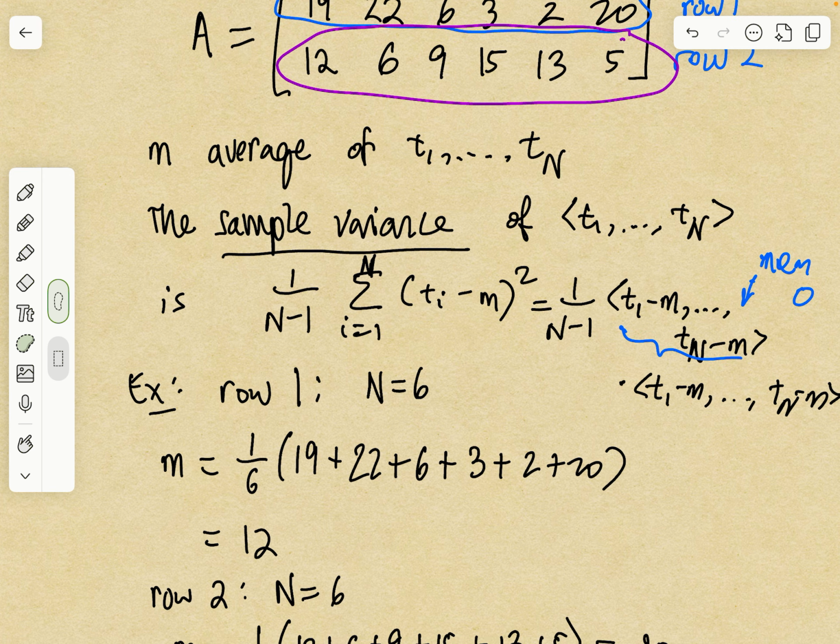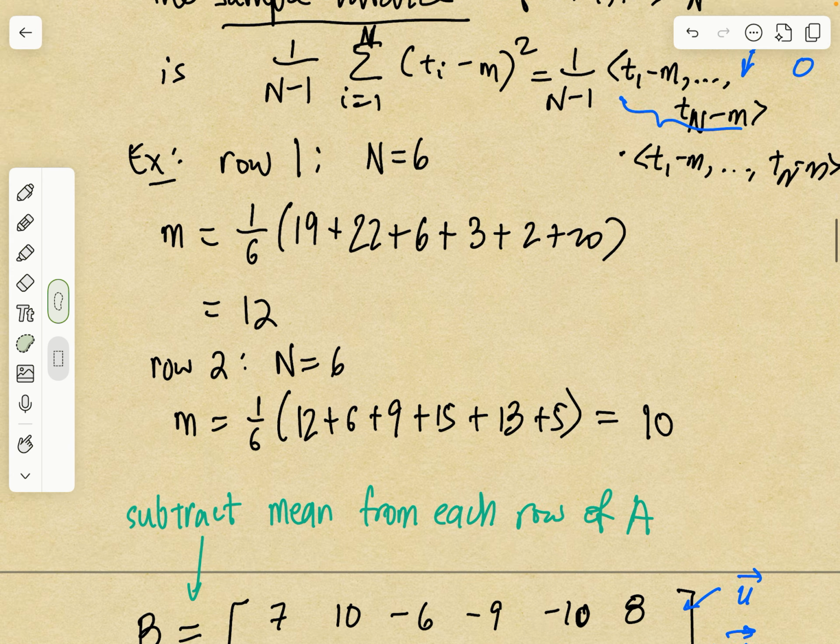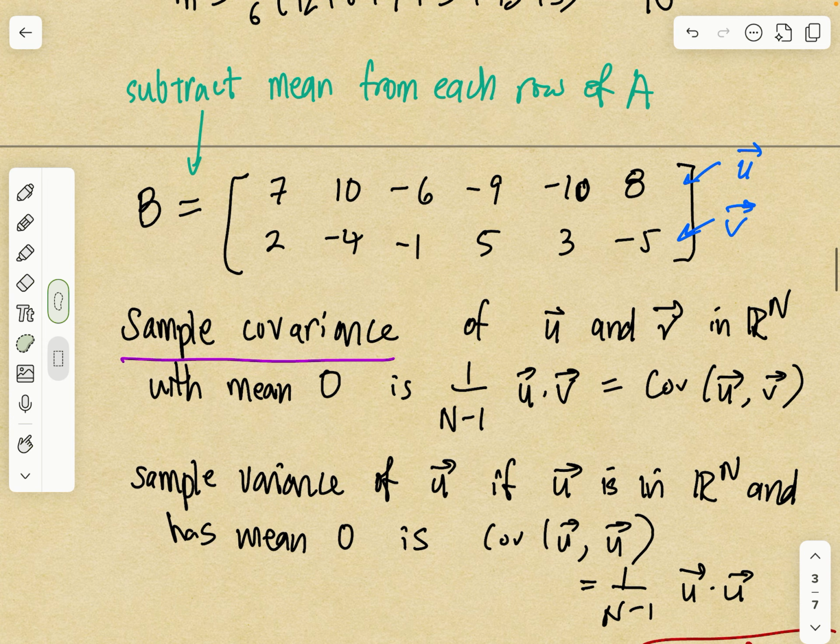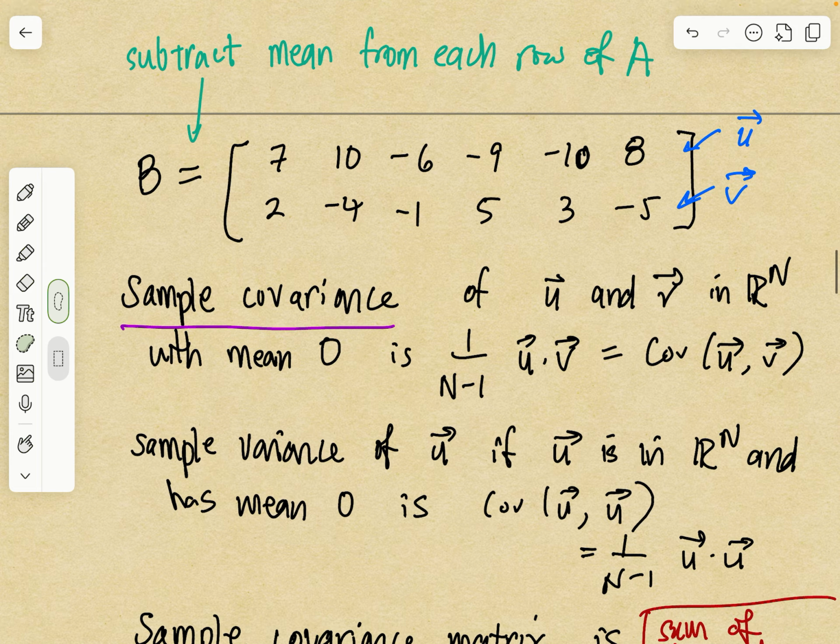What you first do is you subtract the mean from each row, and so now you get a matrix where the mean is 0, so the sum of the entries in each row is 0. You get that matrix B.